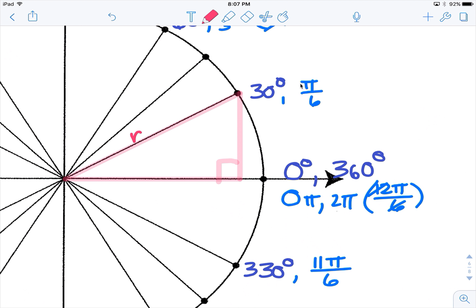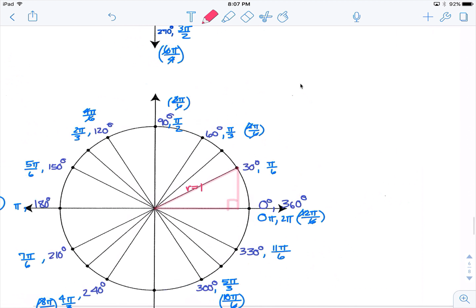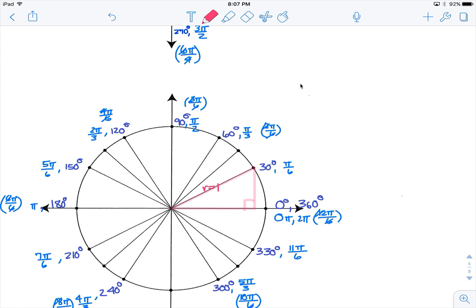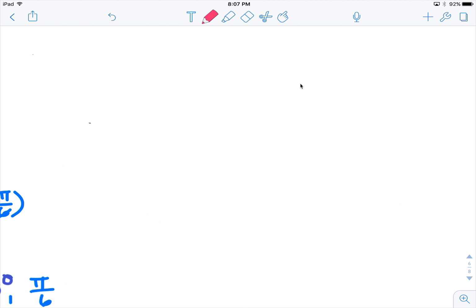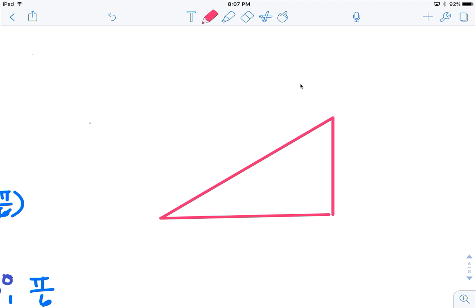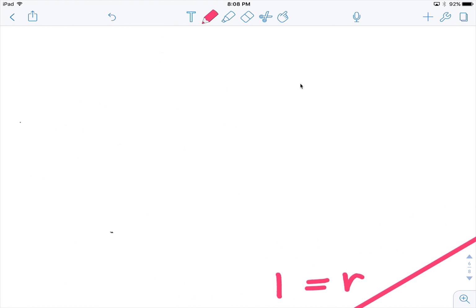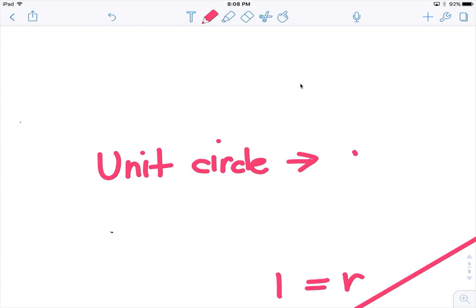Remember that a unit circle has a radius that's equal to 1, and that's how we're able to label all the x and y coordinates. So once again, unit circle, and the radius always has to equal 1.